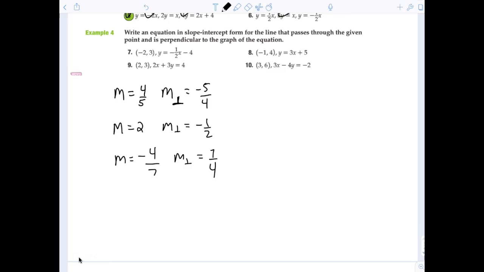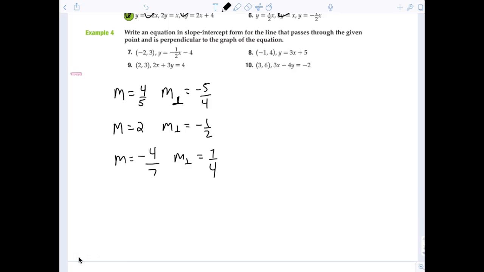Now remember, what that means is the slopes are always opposites. If one's positive, the perpendicular is going to have to be negative. If one's negative, the perpendicular is going to be what? Positive. That's all that means. If you understand that, we're in good shape.